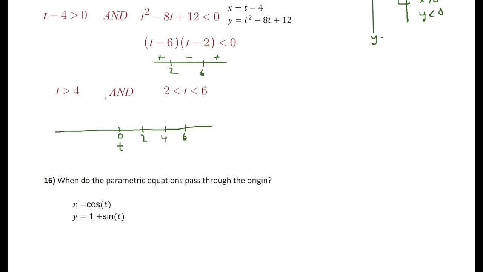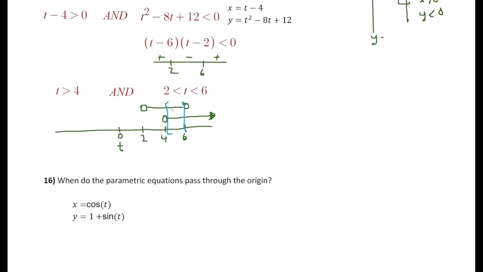This first inequality says t is greater than 4. So all the numbers bigger than 4, on this side of the number line, would satisfy this inequality. This other inequality says that t has to be in between 2 and 6, so being in between these two values would satisfy this inequality. So the only values that satisfy both, where not only is t greater than 4, but t is in between 2 and 6, are in this overlapped region.